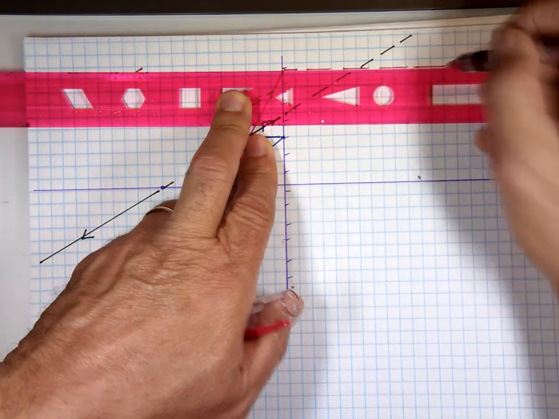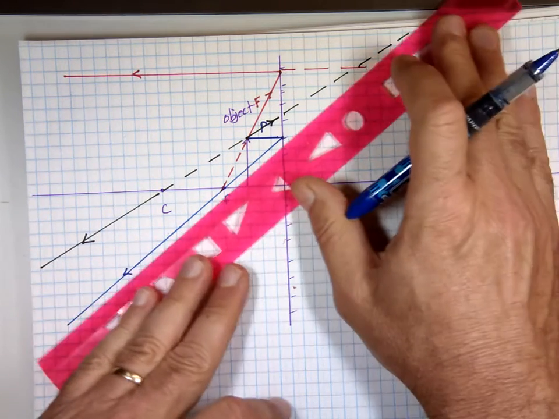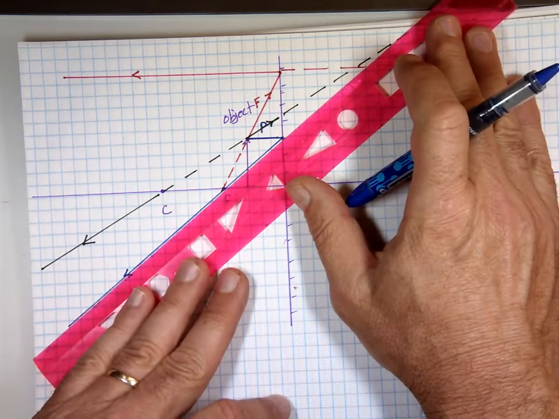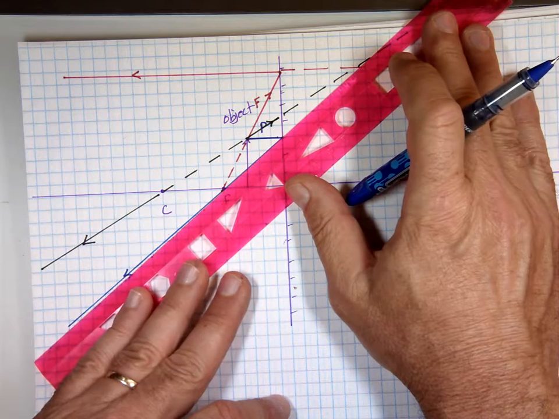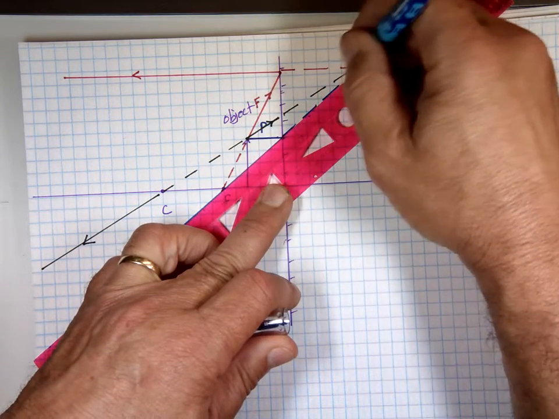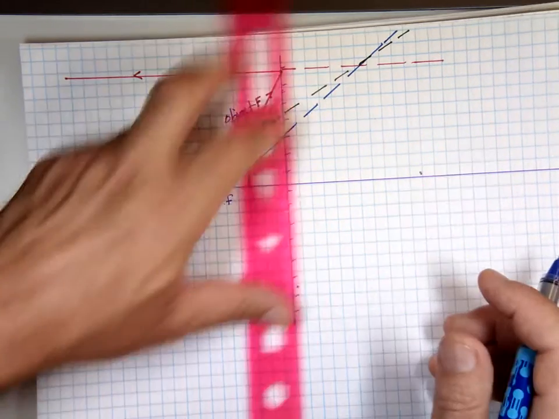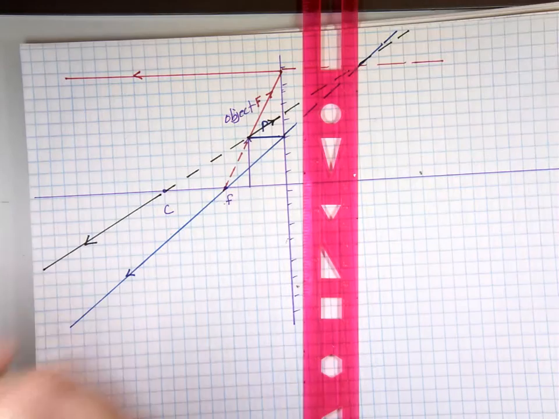That's the extension of the red one. And let's see what the extension of the blue one is. And all three of them meet where? Right here. So that's where your image is going to be.